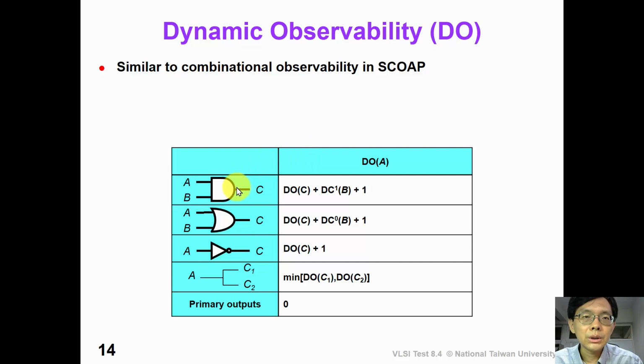As shown in this table, for this AND gate, the dynamic observability of A is equal to DO of C plus DC1 of B plus 1. For this OR gate, inverter, and the fan-out, these values can be analyzed in the same way. And for the primary output, the dynamic observability is 0.